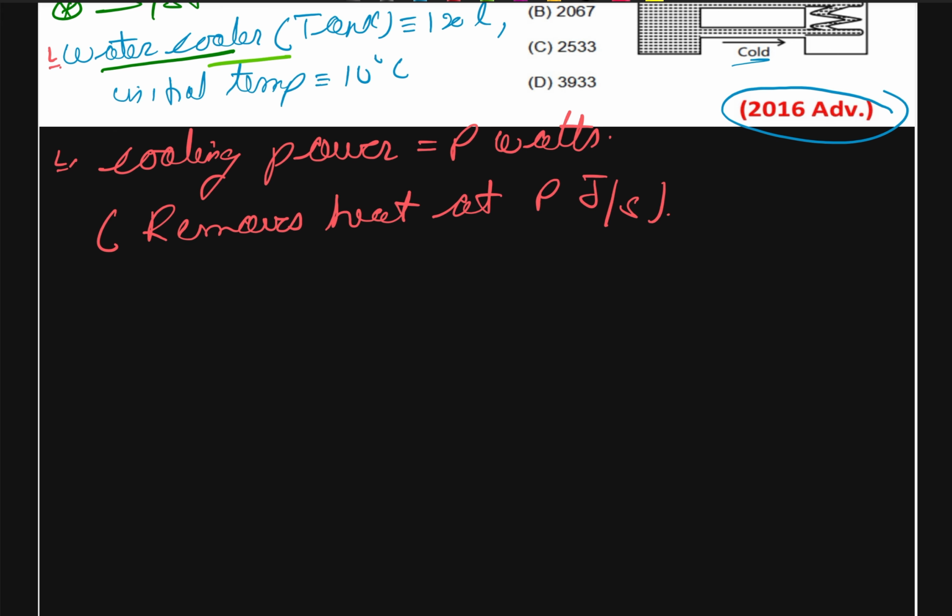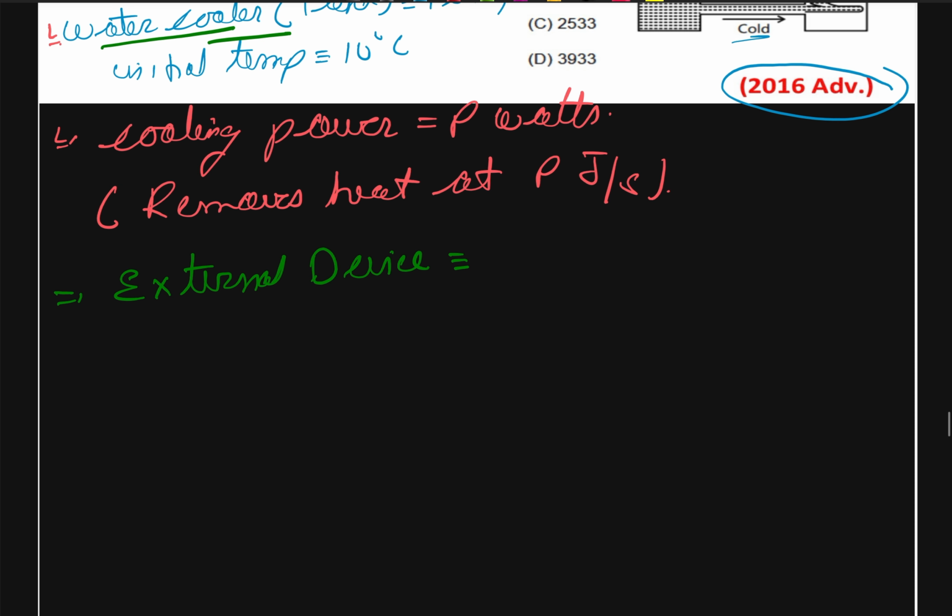First was our tank, and then we have our external device, and it says that it generates energy of 3 kilowatt, or we can say 3000 watt or 3000 joules per second.